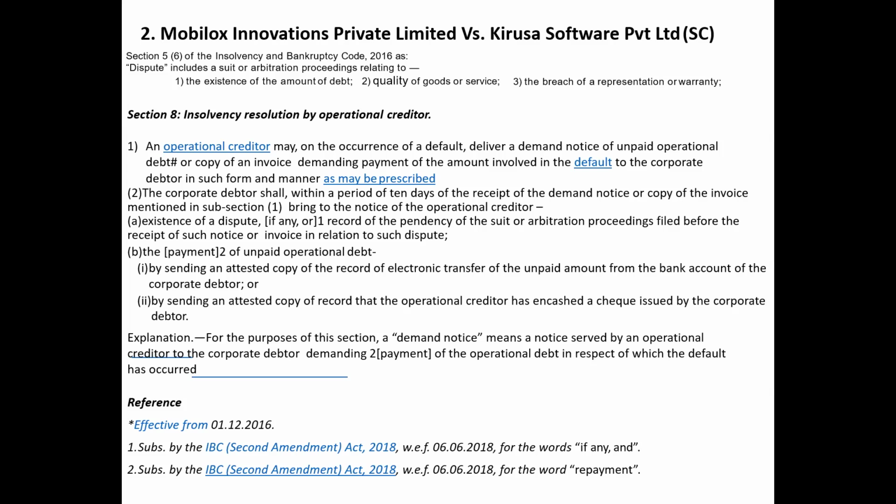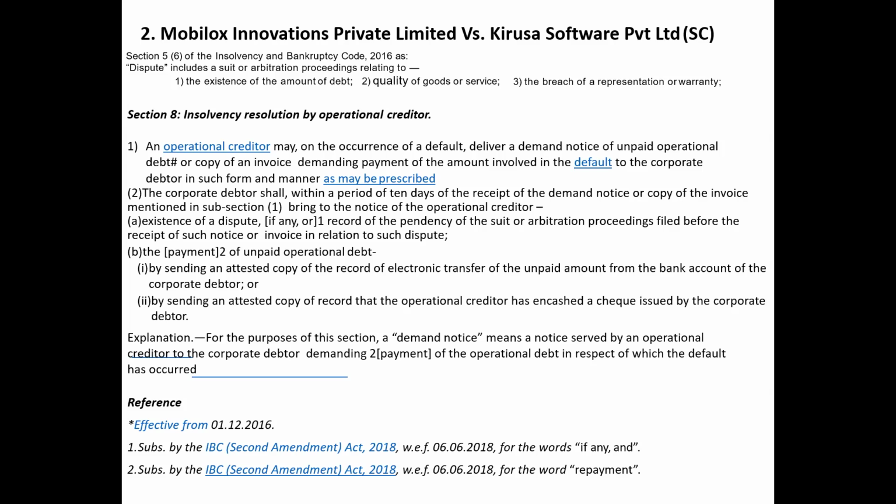And Mobilox entered into a non-disclosure agreement with Kirusa Software, who were to oversee the electronic voting. Like in case of KBC, you have seen the concept of electronic voting. Similarly here in Nach Baliye also, the participants were giving the votes, and that part was being handled by Kirusa Software.